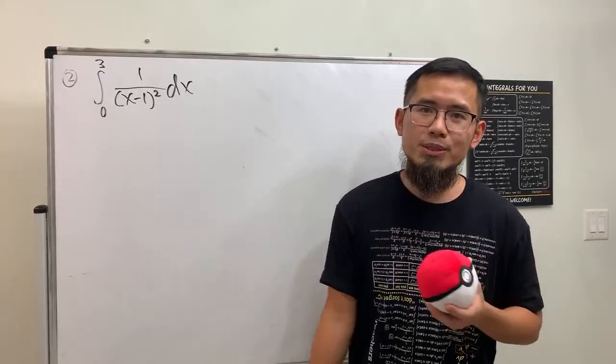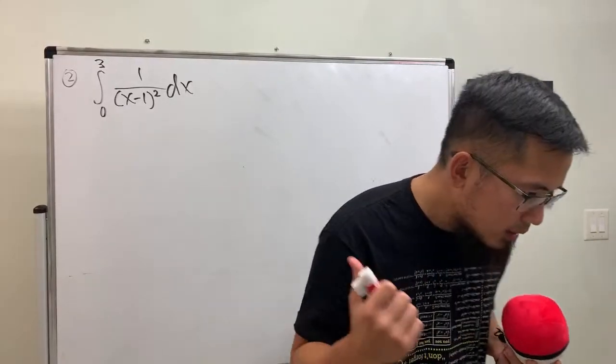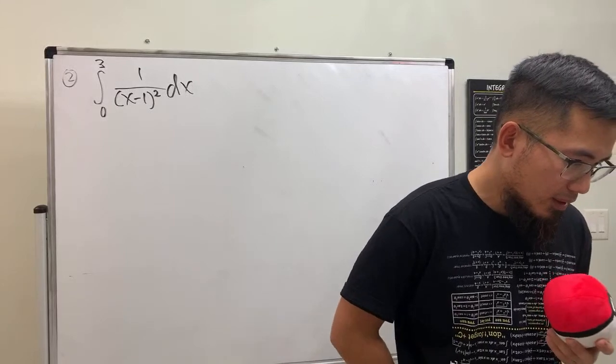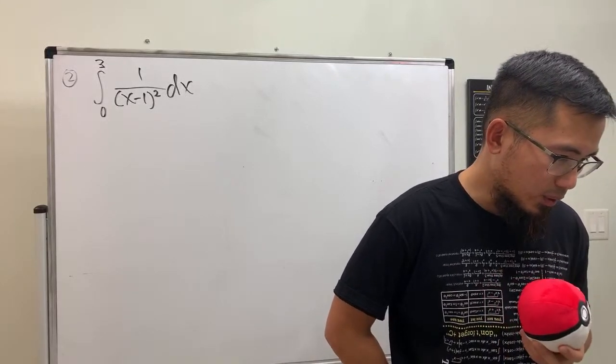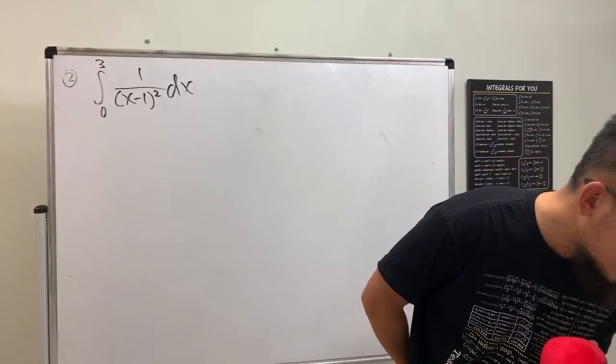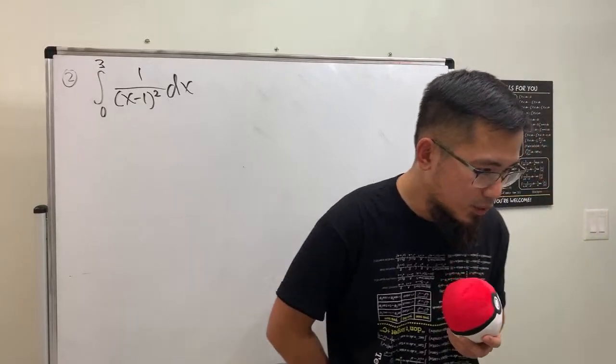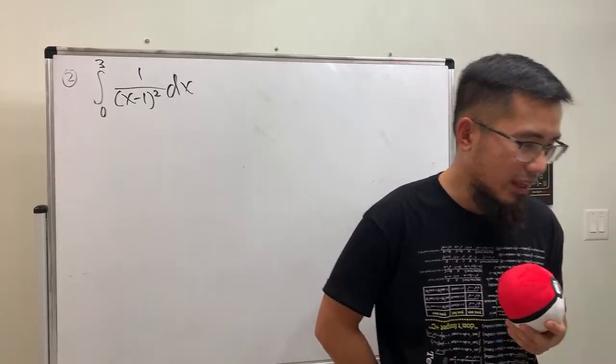Well, all we have to do is just work it out, right? So let me see. Do you guys have anything to say? Is it converge or diverge? All right, does this converge or diverge? So I see one diverge so far.